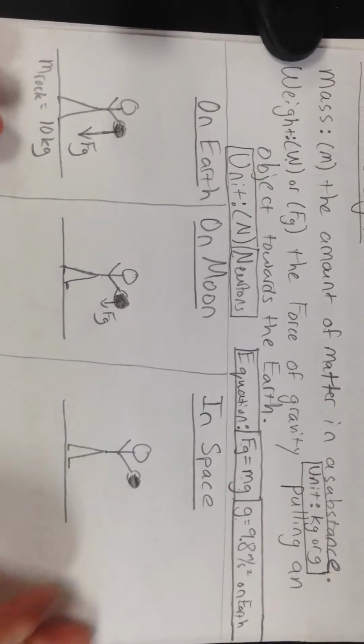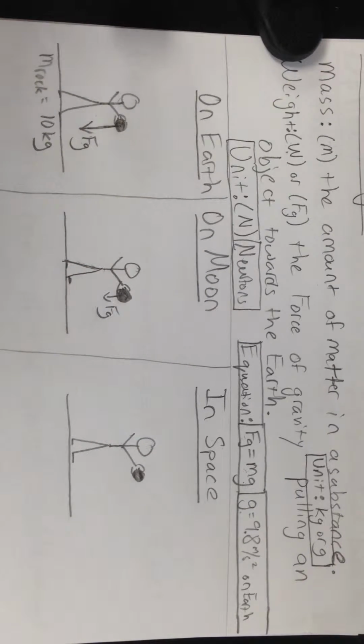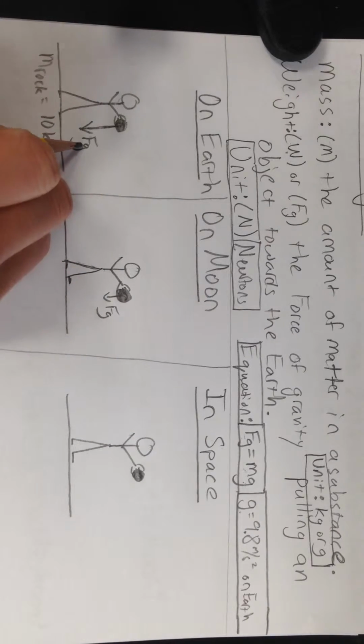And on Earth, gravity pulls it down. You could feel it in your hand when you hold a rock that it applies pressure to your hand. That pressure is due to the fact that the rock has weight. It's being pulled down by gravity. Gravity is exerting an Fg, a force pulling it down.